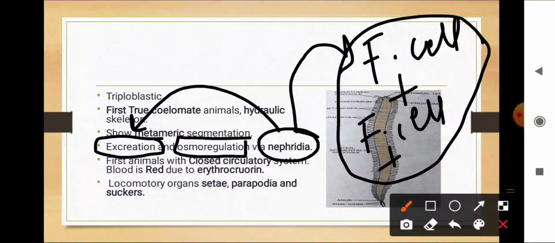Another purpose of nephridia is osmoregulation, that is, the maintenance of salt and water, and also excretion, that is, the removal of nitrogenous waste, or for the purpose of filtration. Okay, just like a kidney, excretory organs just like a kidney.